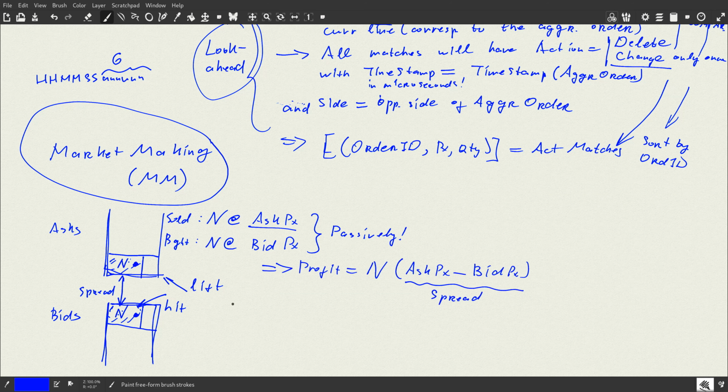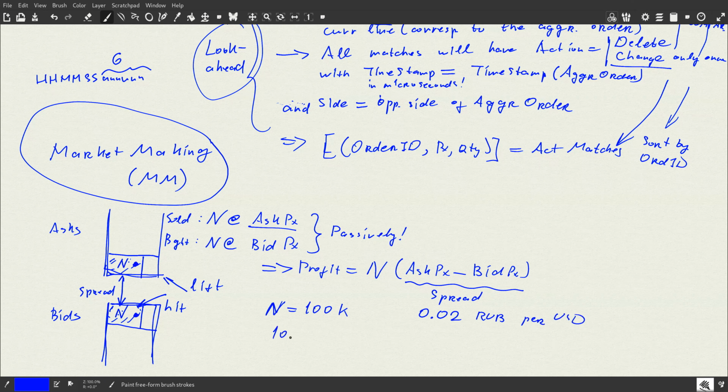To give you an example, if we are at the Moscow exchange, a very typical n can be 100K dollars, of course. And the spread is, you remember, for example, 0.02 rubles per USD.